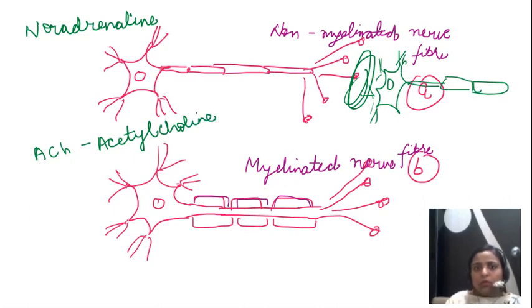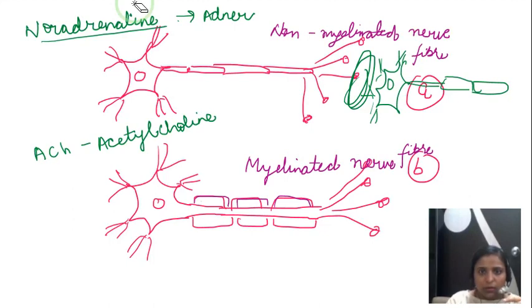So, if this neuron is releasing noradrenaline, which is a neurotransmitter, from the synaptic vesicle, then this neuron is called an adrenergic neuron. Wait, I have written the wrong spelling.